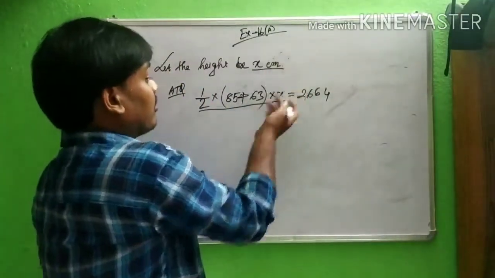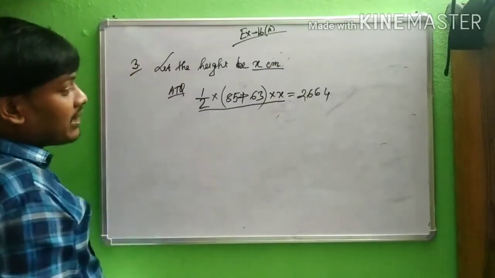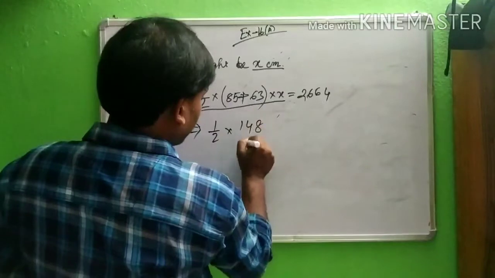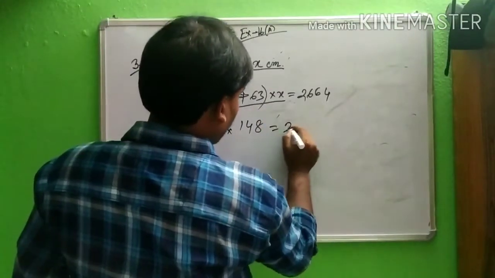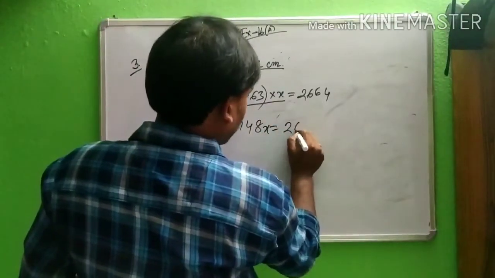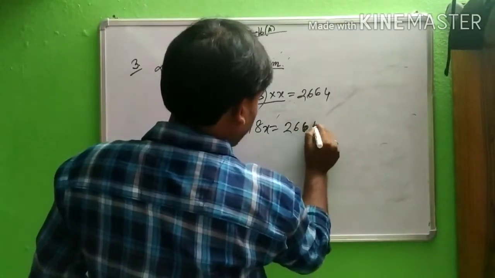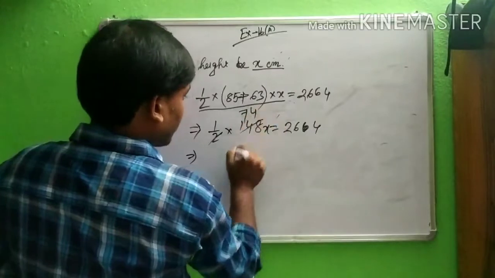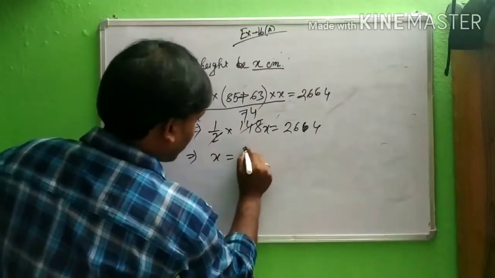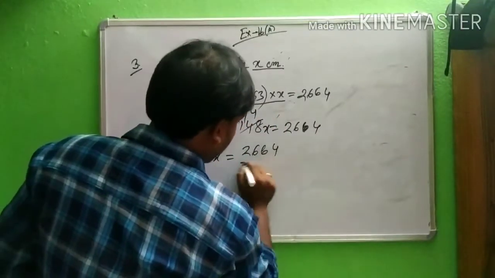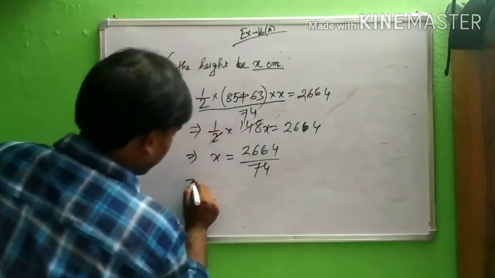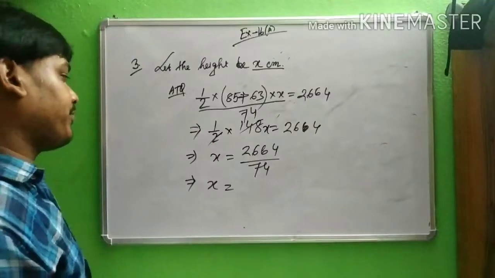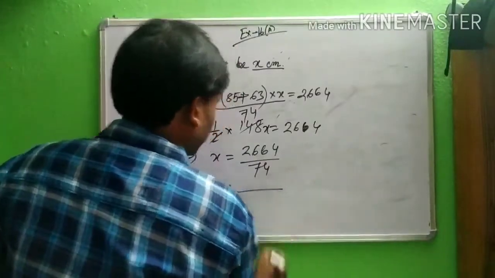Okay, so from here we can find the value of x. It becomes 2664 equals 148 by 2 into x, that is 74 into x. So x equals 2664 by 74. What is the value? It is your homework.